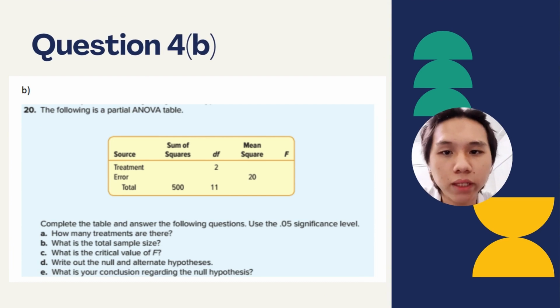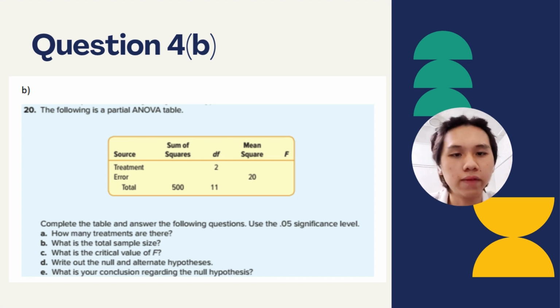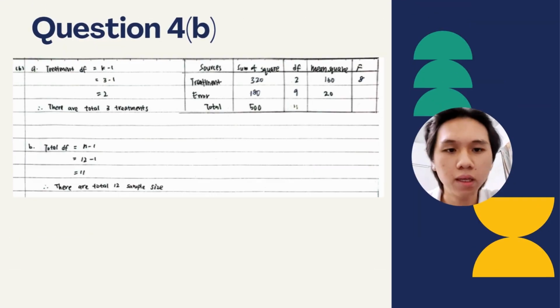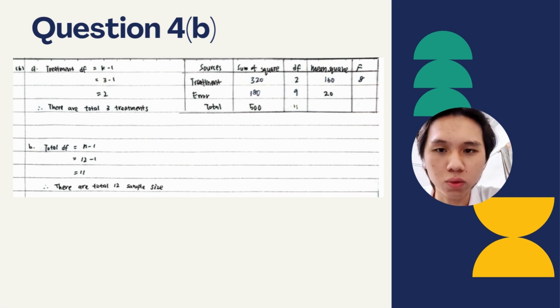For question 4b, we are given an incomplete ANOVA table, and we have to complete the table and answer the questions using the 0.05 significance level. In question A, we know that the treatment degree of freedom is calculated by k minus 1, and we are given that the degree of freedom for treatment is 2, which is 3 minus 1, and there are 3 treatments in total.